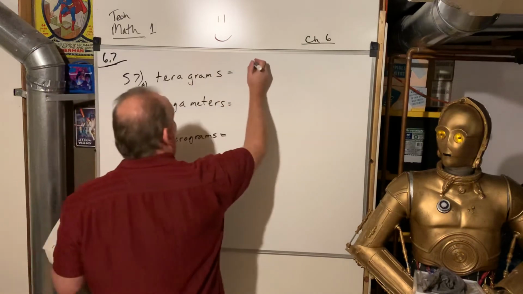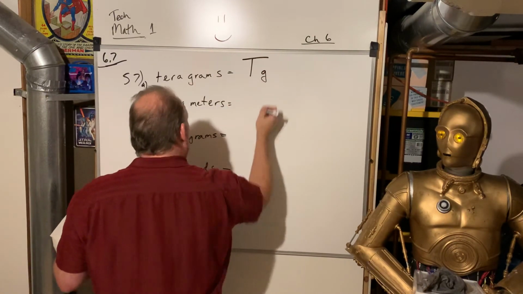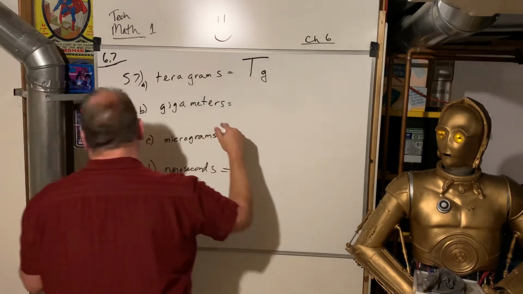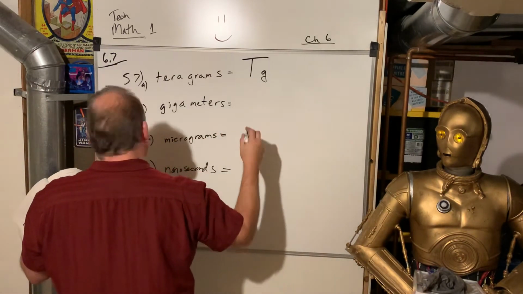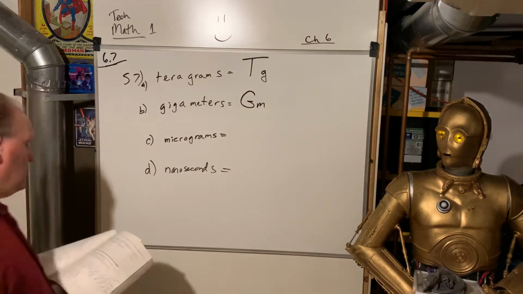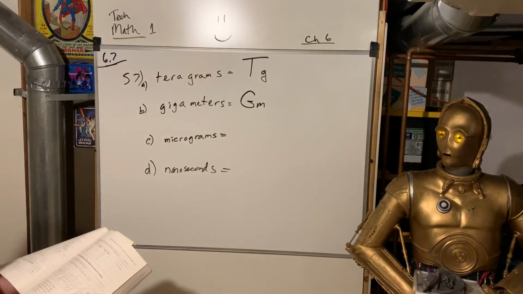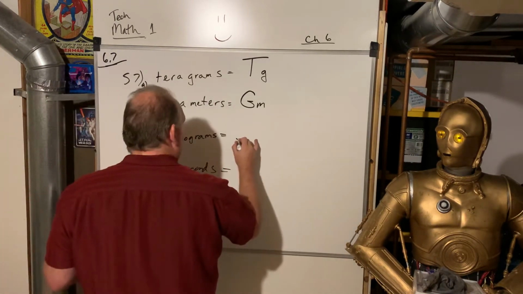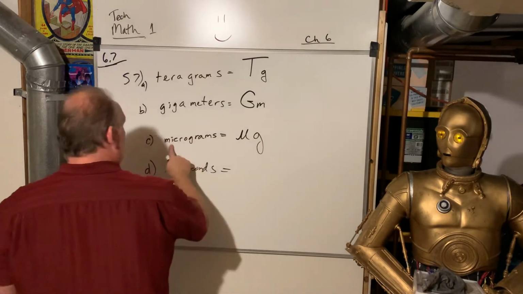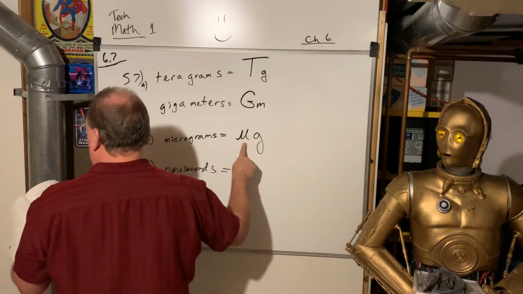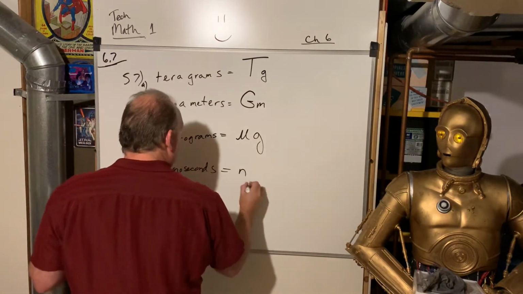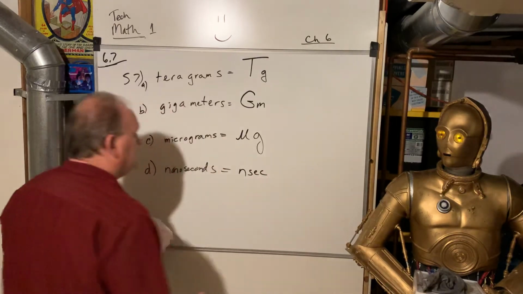Wow, terabytes. All right. So this one, they just want the shorthand for it. So this is a big capital T and then a G: TG. Giga is just a big G. Gigameters. Micro, they borrow from the Greek letter mu, and then grams. So micro is the mu symbol. And then nanosecond, that's just a small n, and then second is SEC.